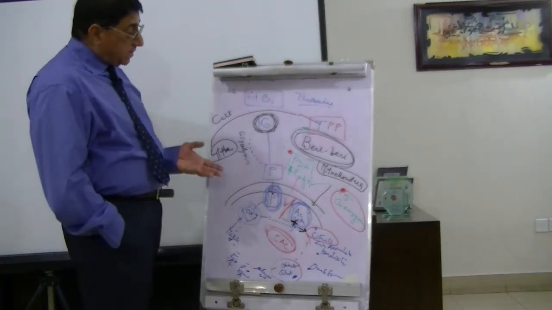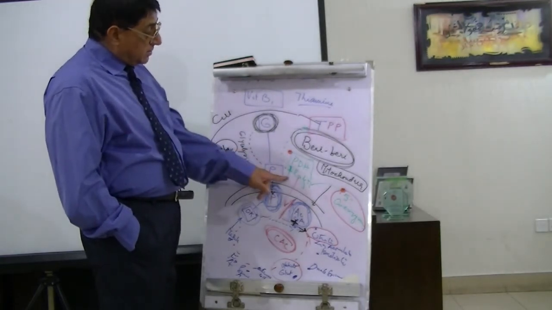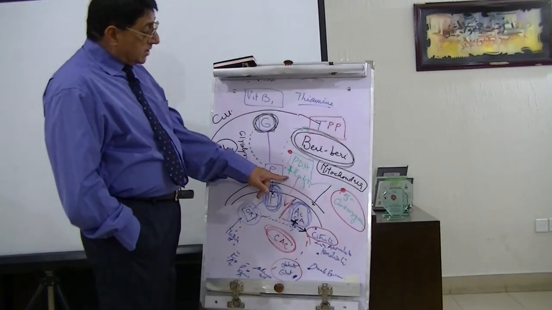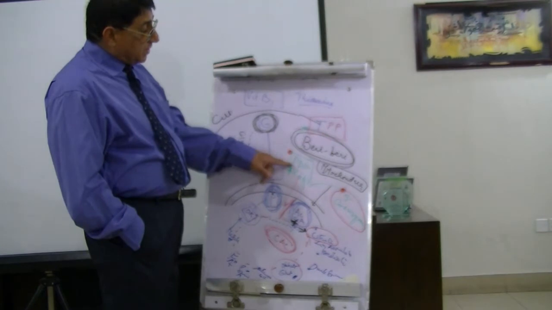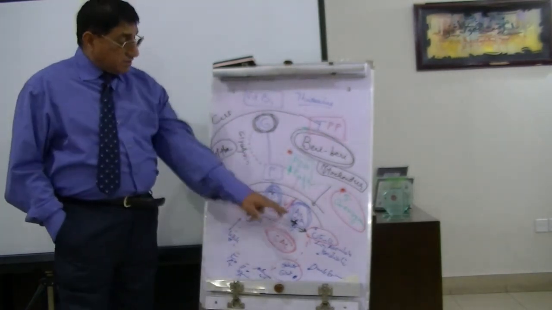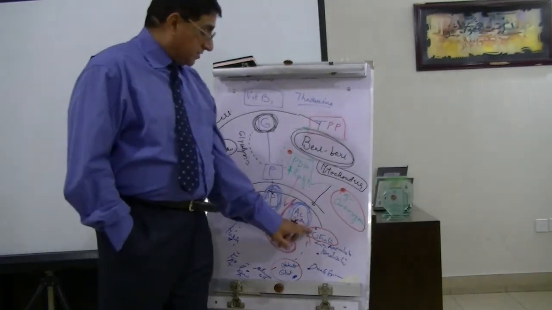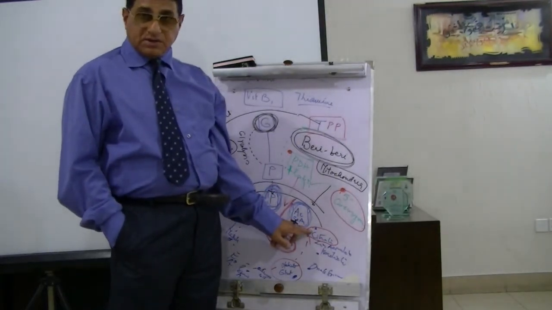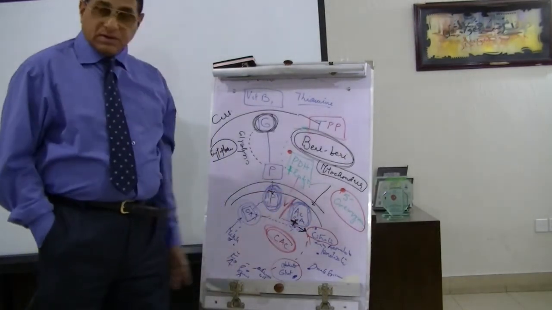Why? Because if there is no B1, that means thiamine is not there. So pyruvate dehydrogenase will not act on pyruvate and will not convert it into acetyl-CoA. If there is no acetyl-CoA, there will be no formation of citrate. If no citrate is formed, the citric acid cycle cannot work.